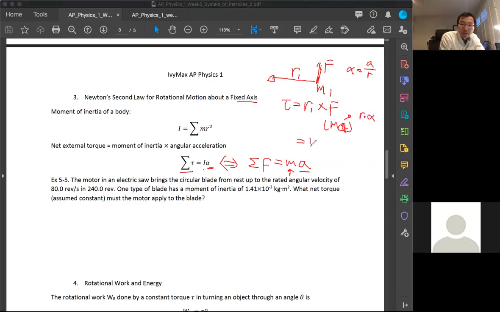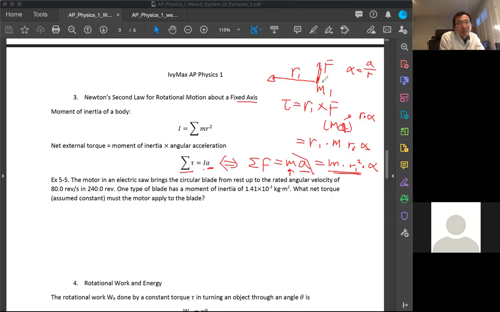So I can rewrite r1 times ma, replacing a with r times alpha, using r1 here. This can be rewritten as m times r1 squared times alpha. So this is the first part, times alpha.